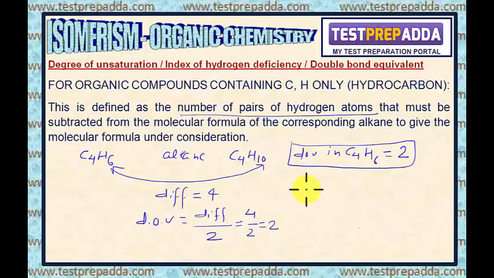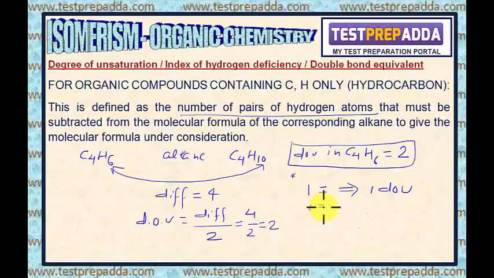Students, please note that one double bond corresponds to 1 degree of unsaturation. This is important, because to write one double bond, we need to remove 2 hydrogen atoms, one pair of hydrogen atoms, and that is why 1 degree of unsaturation.